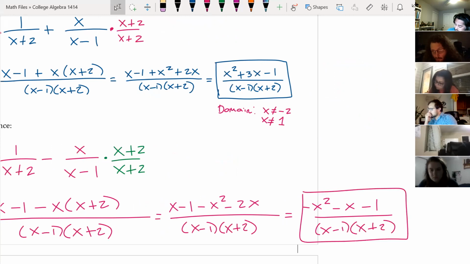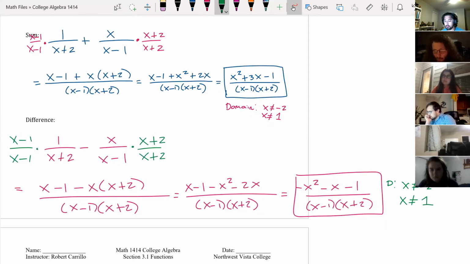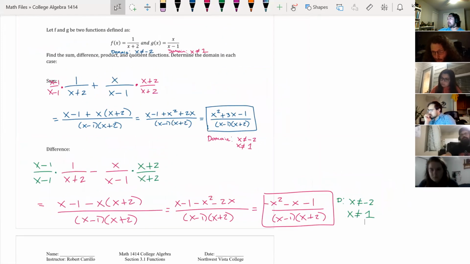There we go. And then, once again, nothing has changed. So the domain is x can't equal -2, and x can't equal 1. Okay. Not bad.